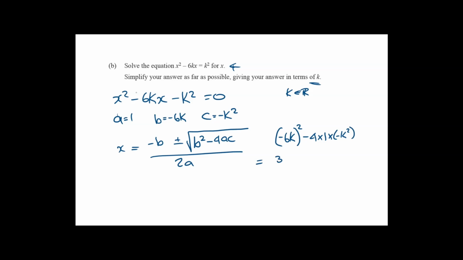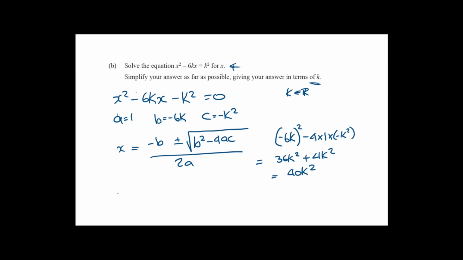So that's going to be 36k squared plus 4k squared, which is going to be 40k squared. Yes, makes sense.